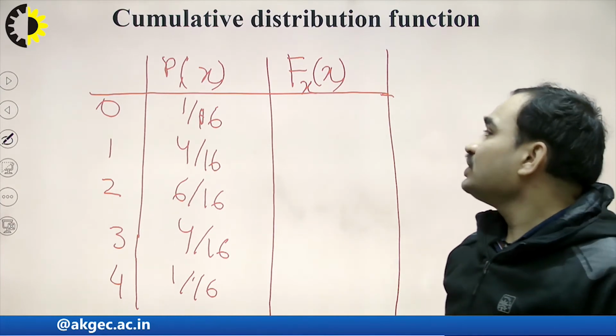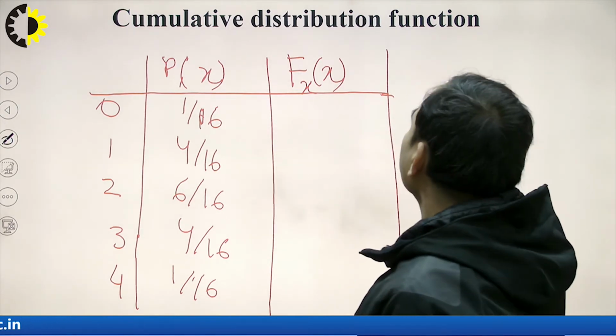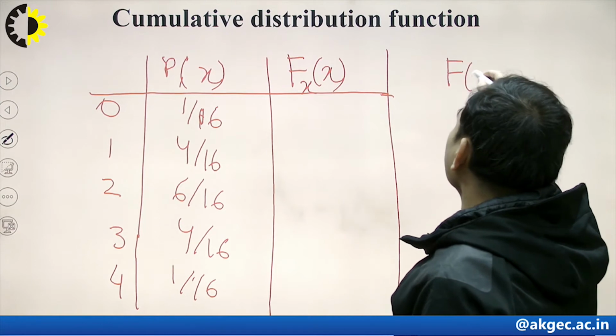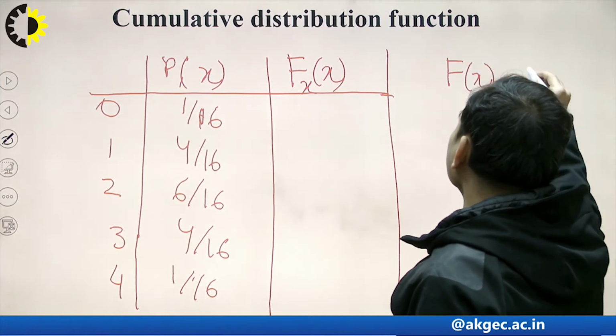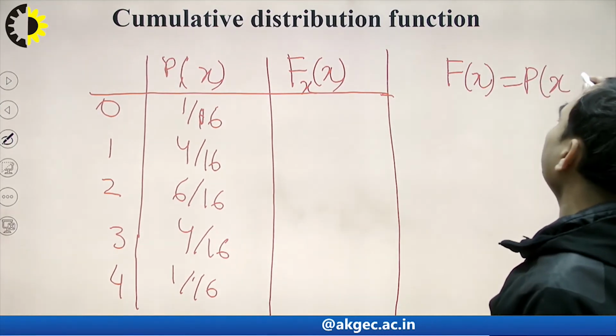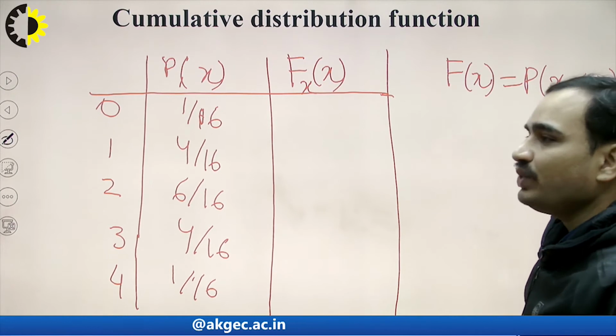What will be the cumulative distribution function? By definition, the cumulative distribution function is the probability that the random variable X is less than or equal to the value x.